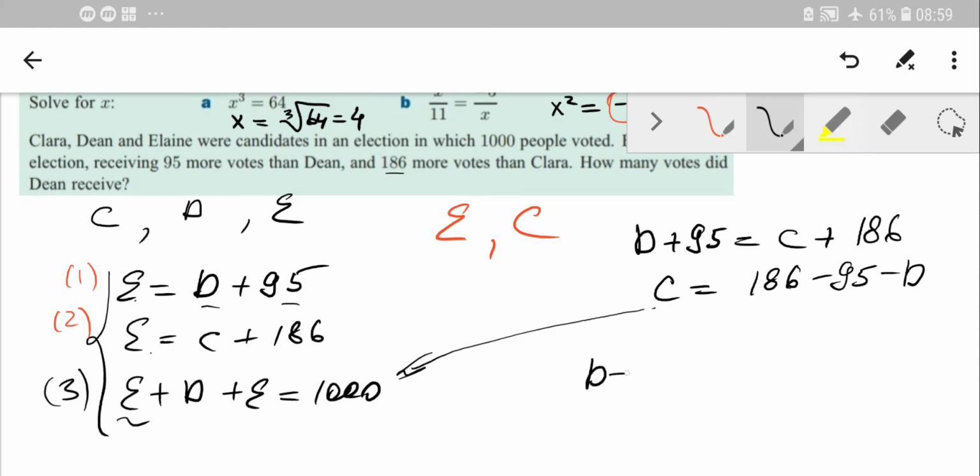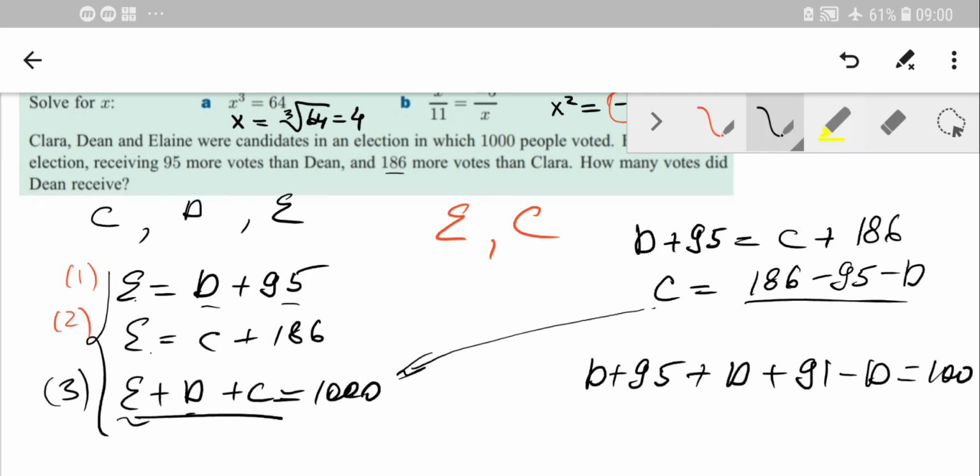Then plus D and plus, oops, the last one actually was C, that was miswriting, because we need to add all of them in order to get 1000. Plus C, which is 186 minus 90 minus D. Let's do it quick: 186 minus 90 gives 96, minus D.